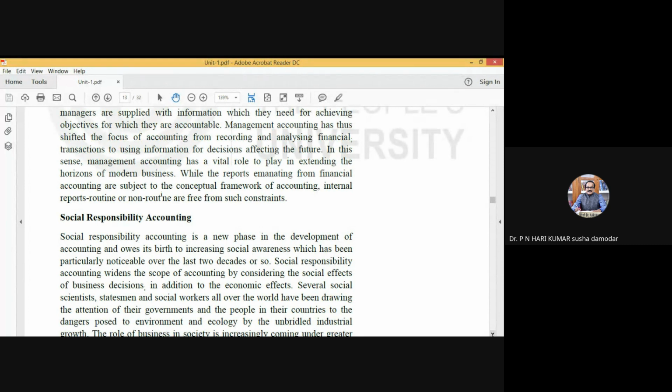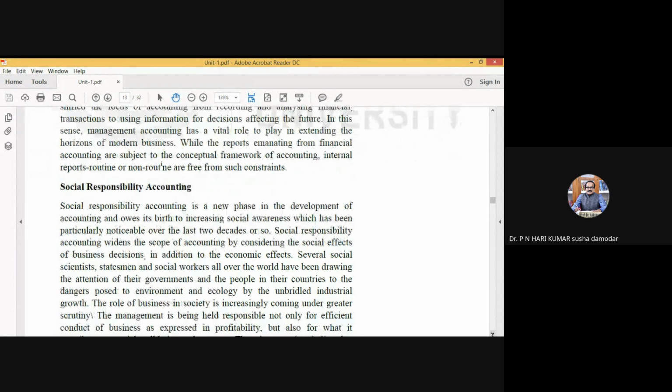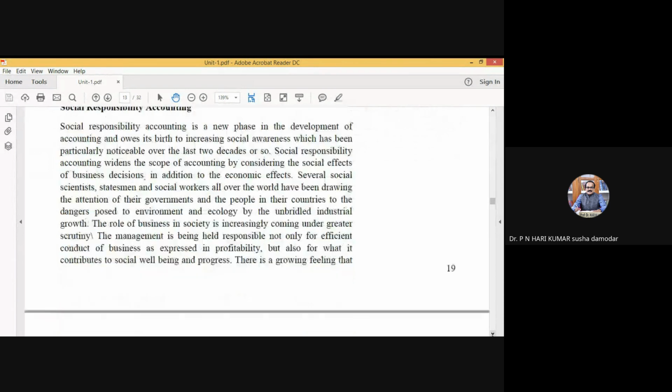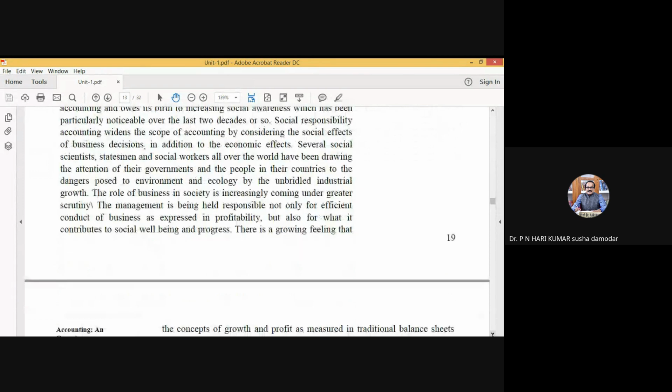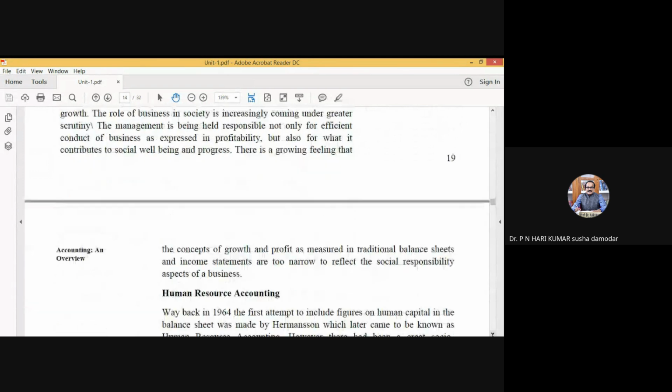So every organization has certain social responsibility to fulfill. And how such a social responsibility is fulfilled by the business organization or the business manager, and such a function is quantified, that is called social responsibility accounting. How far the organization fulfills its objectives and responsibility towards third parties, or the external and internal stakeholders.